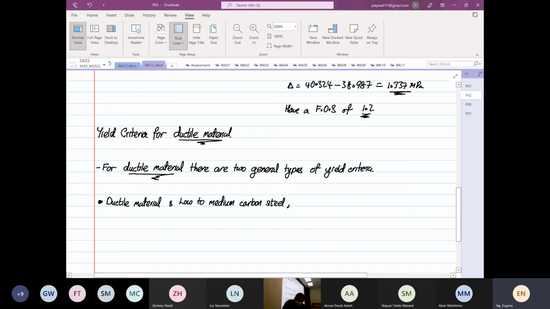Another typical, very common one is aluminum, brass, copper, titanium, nickel-based alloy.